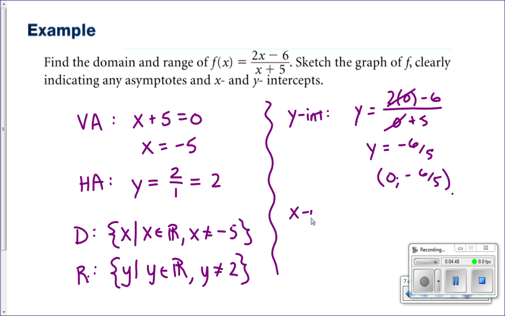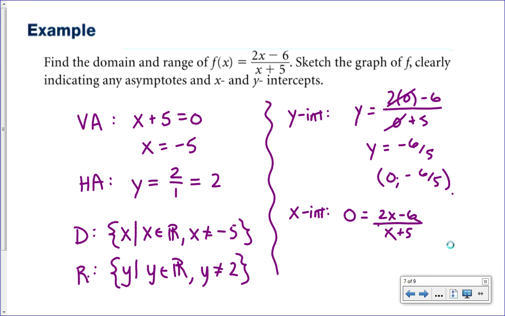For an x-intercept, I change y to 0. So 0 equals 2x minus 6 over x plus 5. The algebra involved here involves multiplying both sides by this x plus 5 to get rid of this denominator. But luckily, x plus 5, when you multiply it by 0, just becomes 0. And on this side, the x plus 5 cancels out.